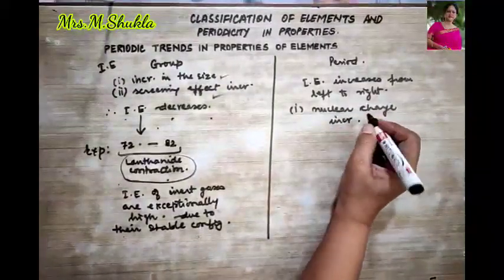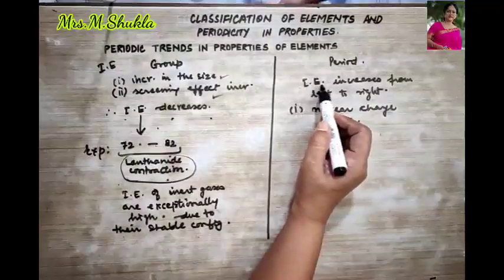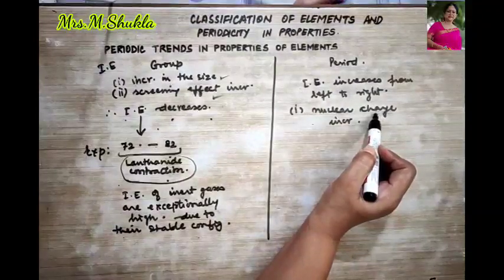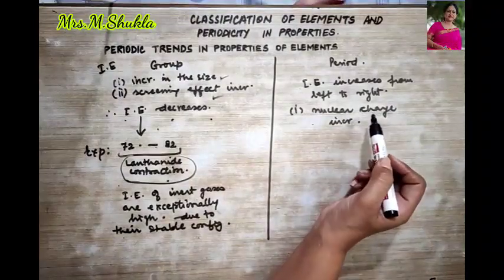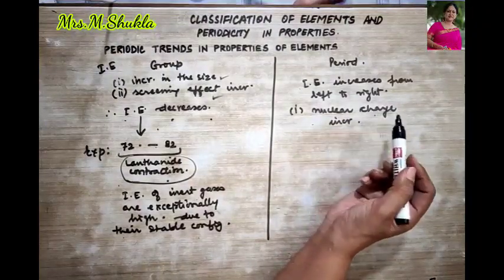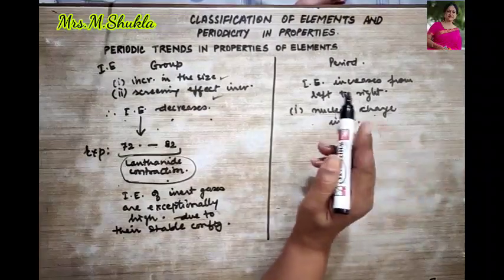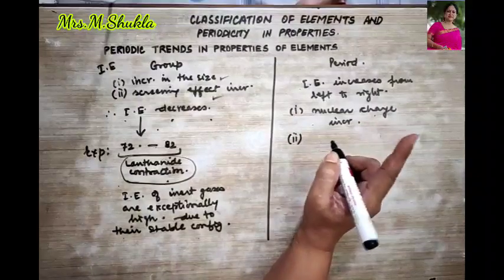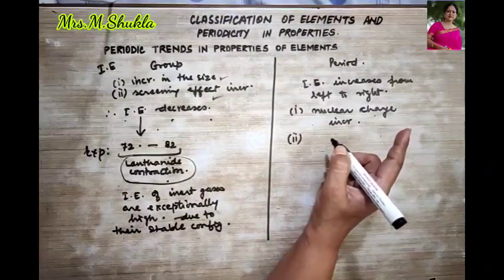We had studied that nuclear charge is directly proportional to ionization enthalpy. So ionization enthalpy increases because nuclear charge increases. Then there is a decrease in the atomic radii, which also increases the force of attraction towards the nucleus. This was the first factor that we had discussed, that atomic size is inversely proportional to ionization enthalpy.